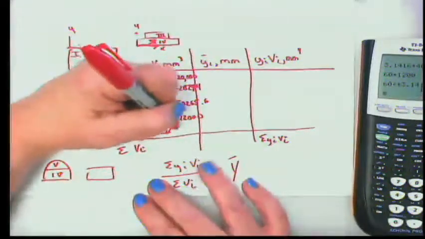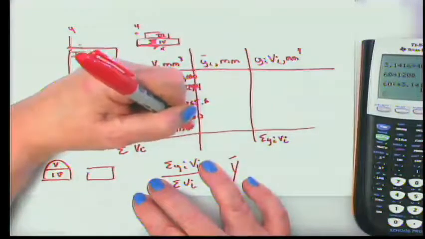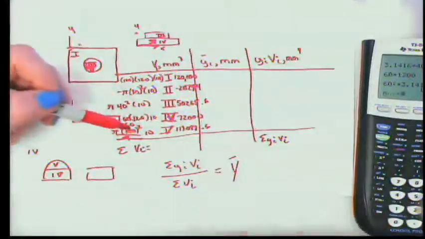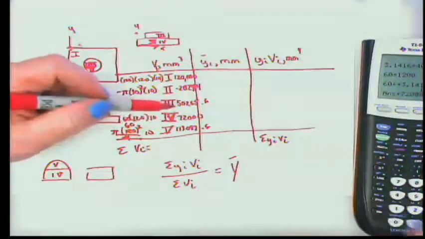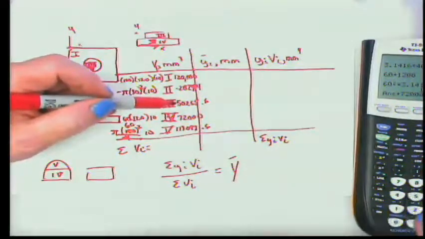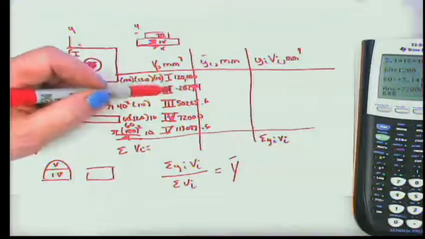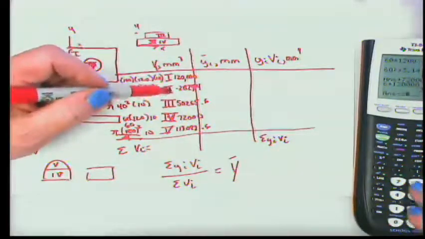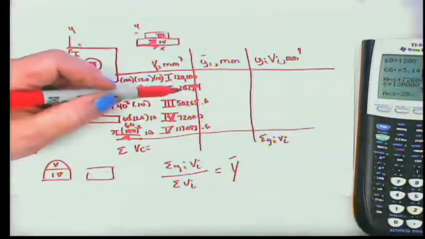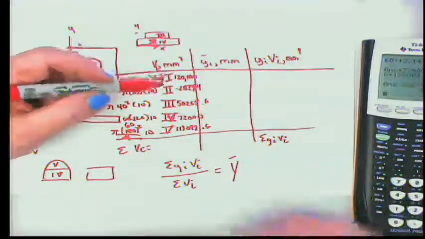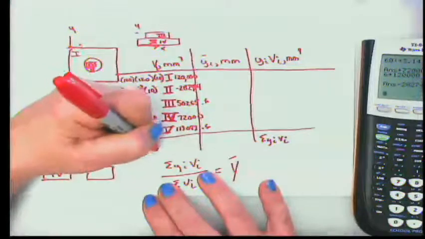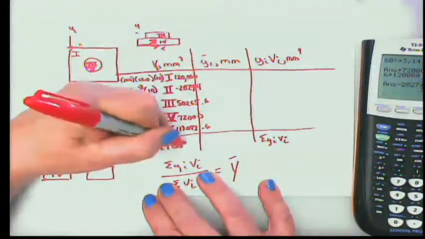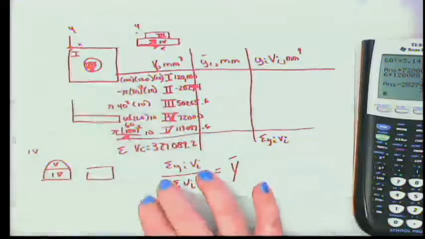So this is 113,097.6. And when I add all of those together, subtracting that one, I get a summation. My total volume is 327,089.2.